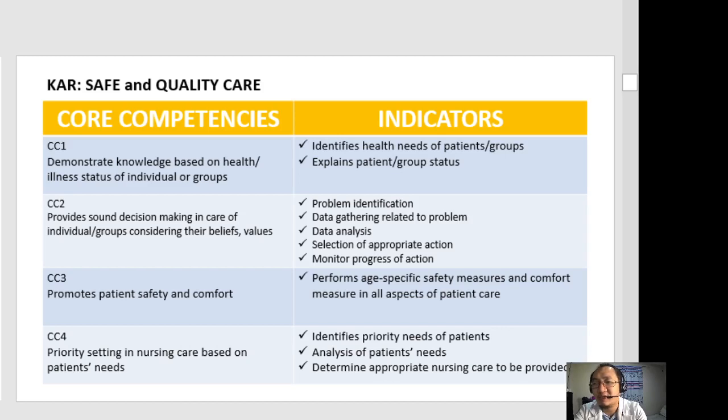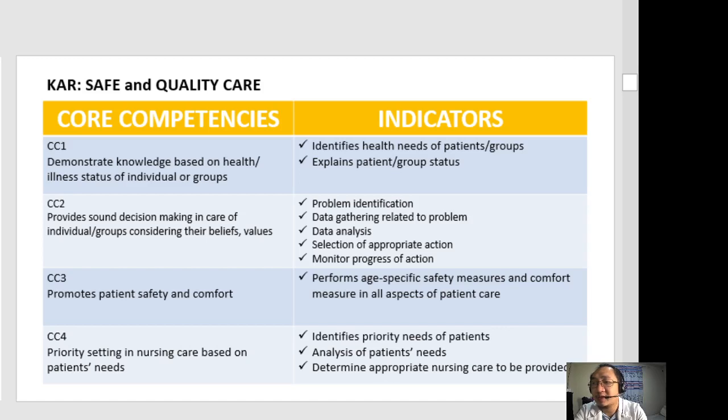Then for core competency number two, provides sound decision or good decision making in care of individuals or groups considering their beliefs, their values. So what are the indicators that you're meeting this core competency? You're able to identify problems of your clients. You can gather data related to the problem, analyze it, then you make some appropriate interventions.